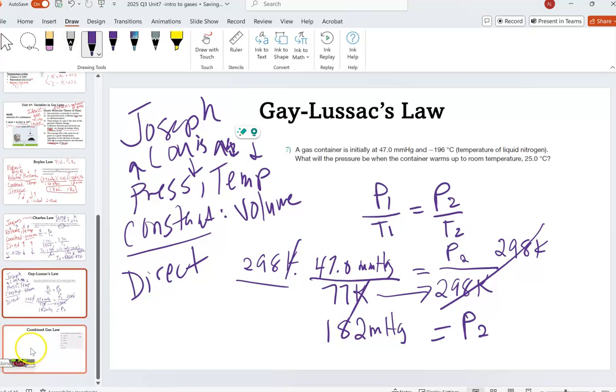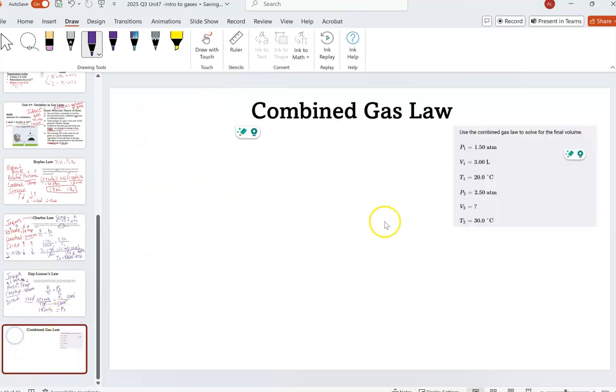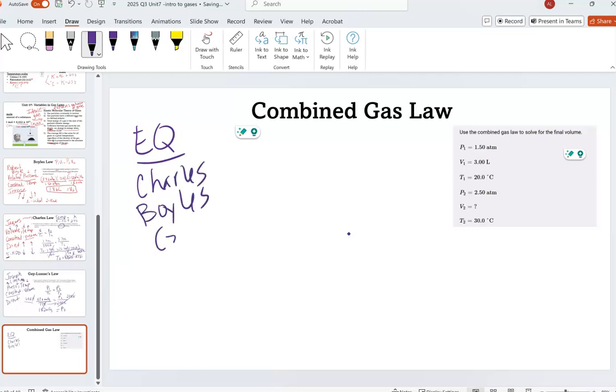Our last, this isn't a law, but, well, it is a law. The combined gas law combines all 3 of those laws I just talked about. So the combined gas law is an equation that we can use that combines all of those laws. So it's going to combine Charles's, Boyle's, and Gay-Lussac's.